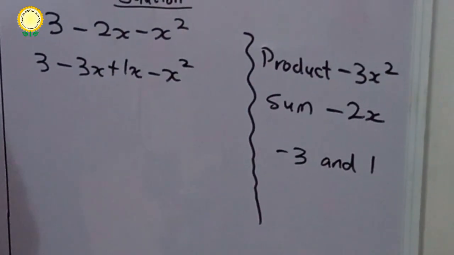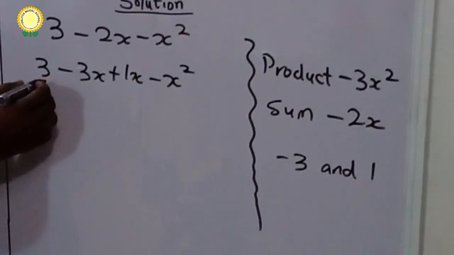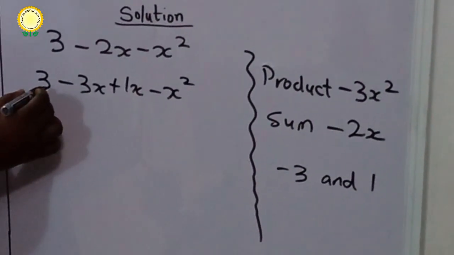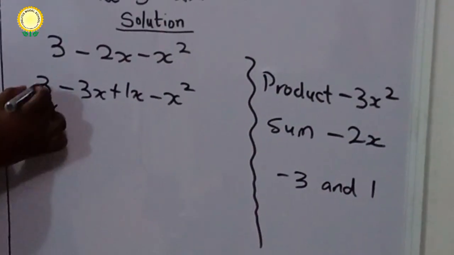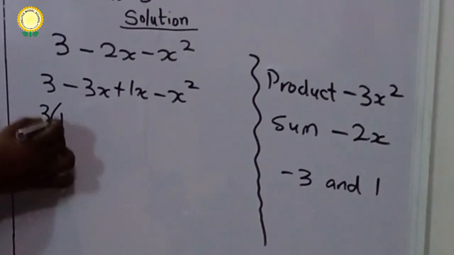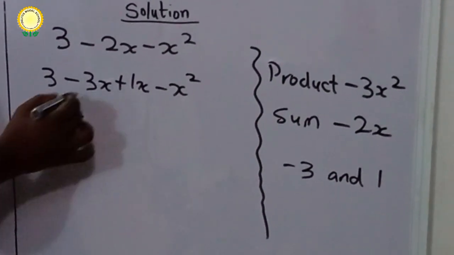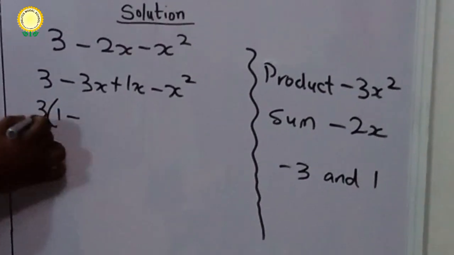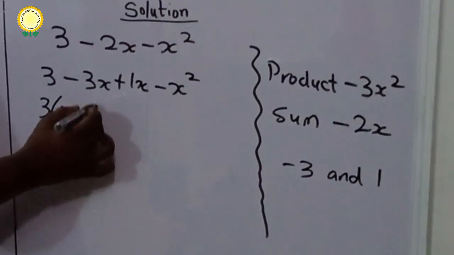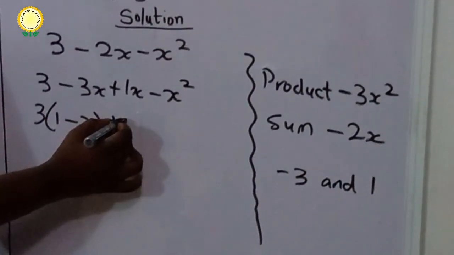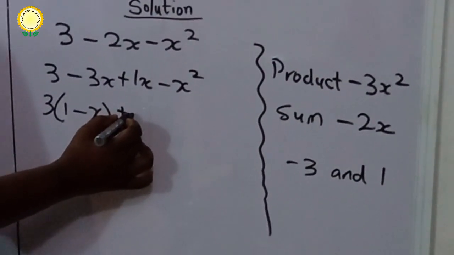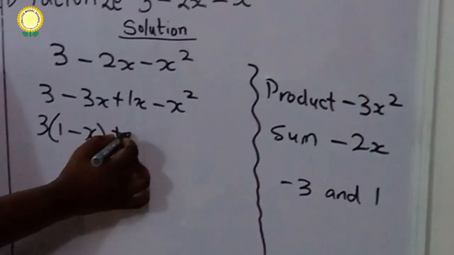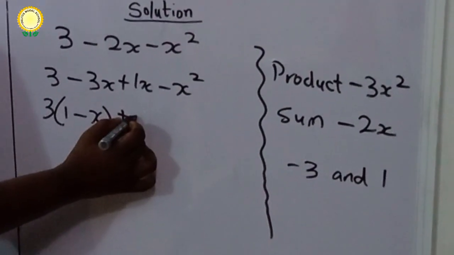So we can go ahead now and factorize. What is common to both? 3 is common, right? Then we are left with 1. 3 times 1 is 3. 3 minus 3x divided by 3 is going to give you what? Minus x. So we bring out 1 here. What is common to both of them?